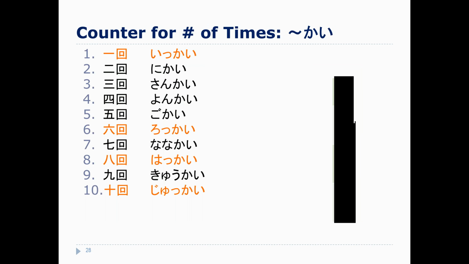Kai is one of these ones that have a couple of special ones. You have to watch out for 1, 6, 8, and 10.